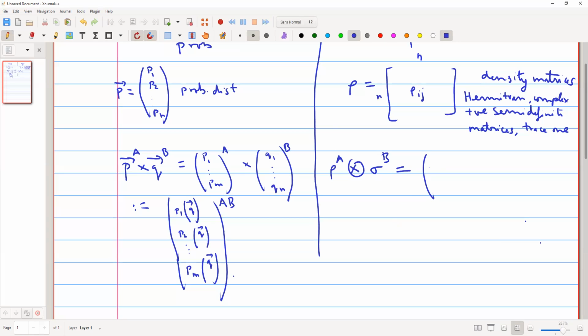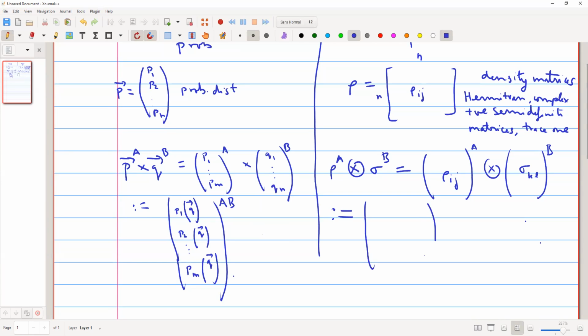So there is an arbitrary element rho ij out here on the system A, tensor an arbitrary element sigma kl out here on the system B. And this is defined similar to this lexicographic ordering.